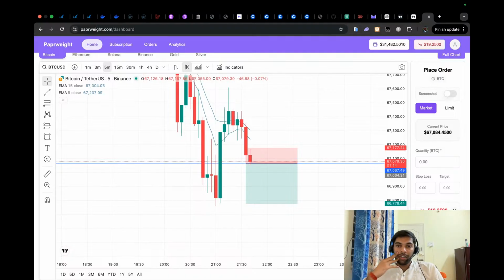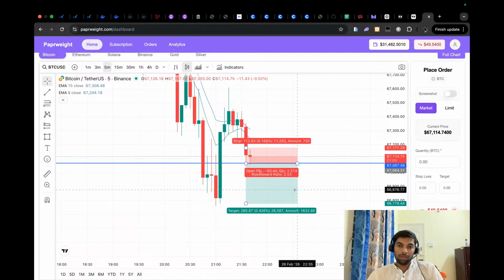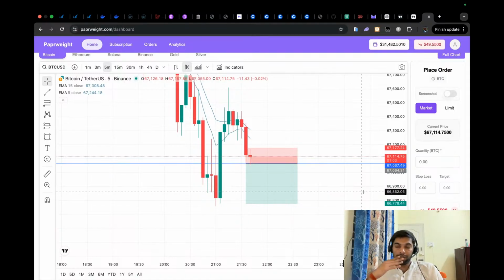One minute and 10-15 seconds to close this candle, and anything can happen. We have to prepare for both sides. Our stop loss is $120 max, and our target is somewhere $285, $300.